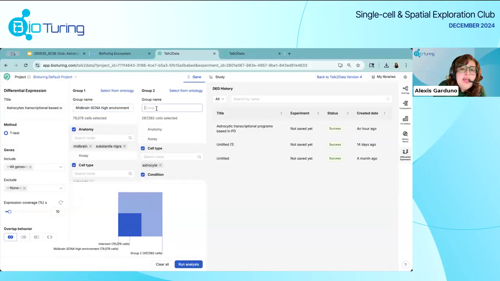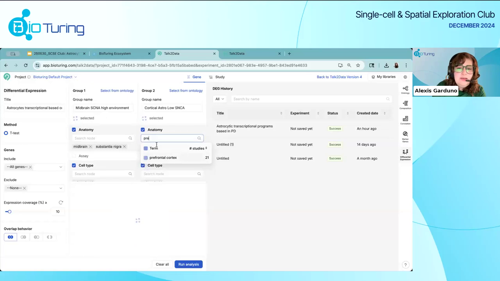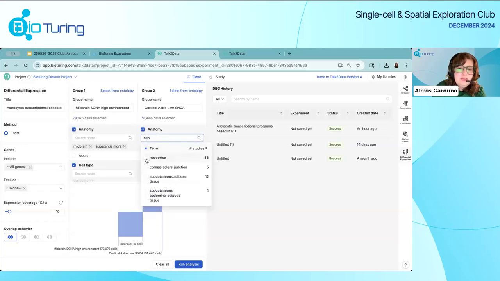Okay, and the next group will be looking at a low SNCA environment, so really the prefrontal cortex or the neocortex. In this case, it'll be the cortical region, which had a low SNCA. So in the anatomy, I can add the prefrontal cortex or the neocortex.